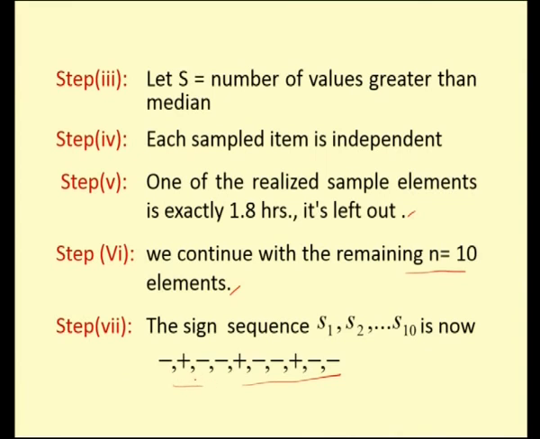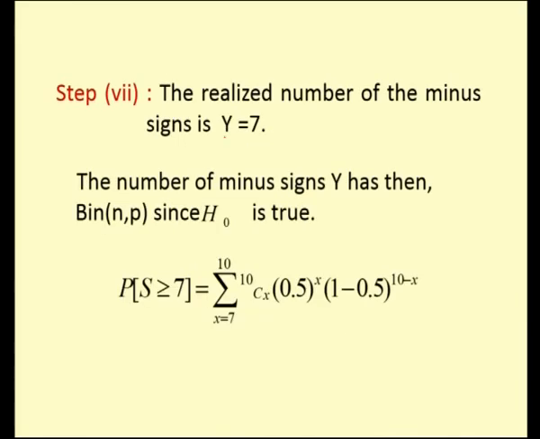All the values which are greater, you give a plus sign, and lesser values you give a minus sign. Here you count the minus values. You have 1, 2, 3, 4, 5, 6 and 7. So the realized number of minus signs is y equal to 7.